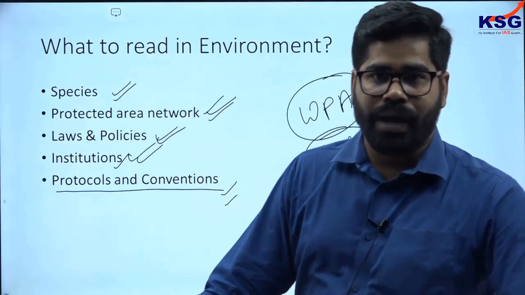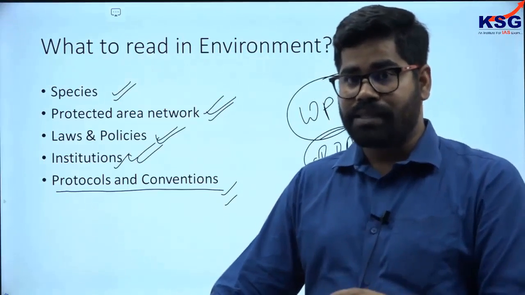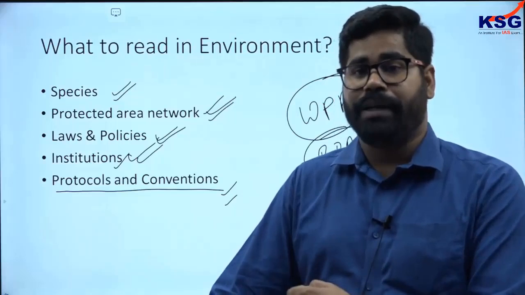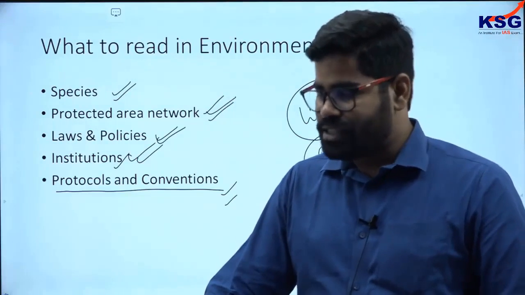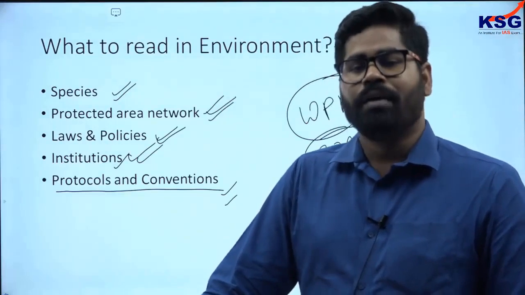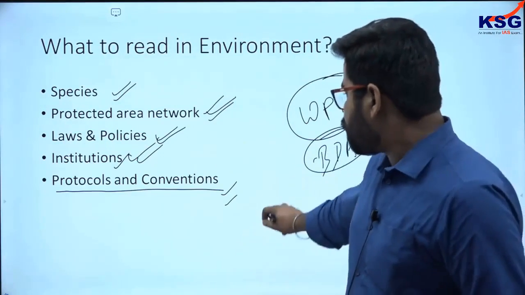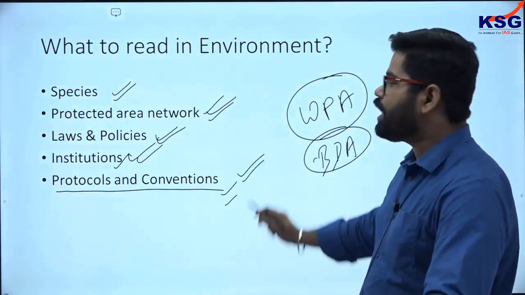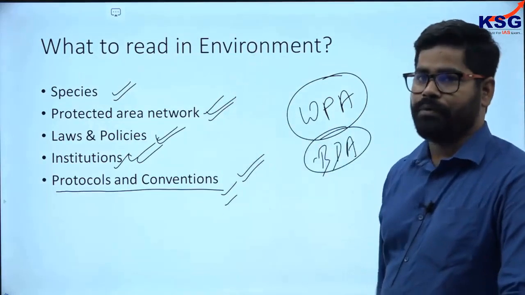So at that moment, you can read about it. In November and December, there will be some prominent articles about environment. Yes, you all are correct, it is about protection of the ozone layer. So if some protocols and conventions are coming, again you can read that. This is what you have to get in the environment section.